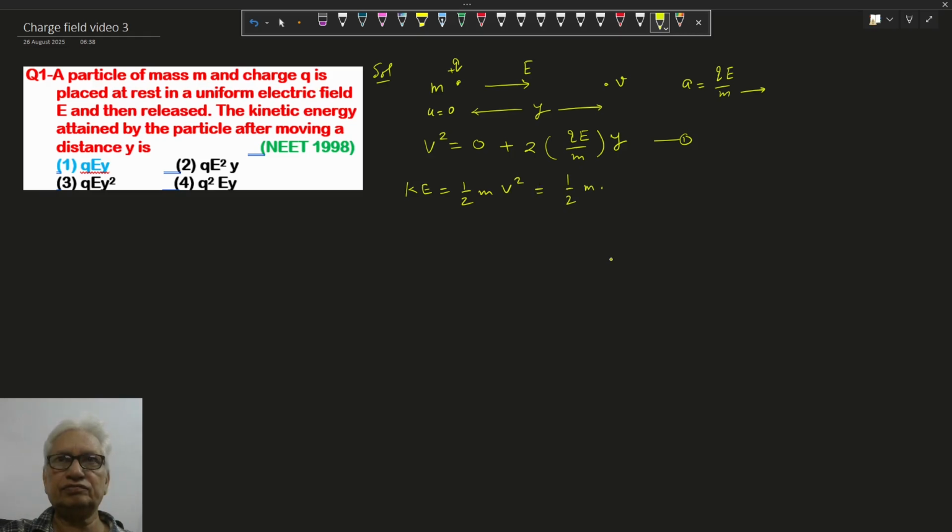Substituting, in this we say 2qE divided by mass m, so m by m and 2 cancel out. Kinetic energy will become qEy. Option 1 is correct.